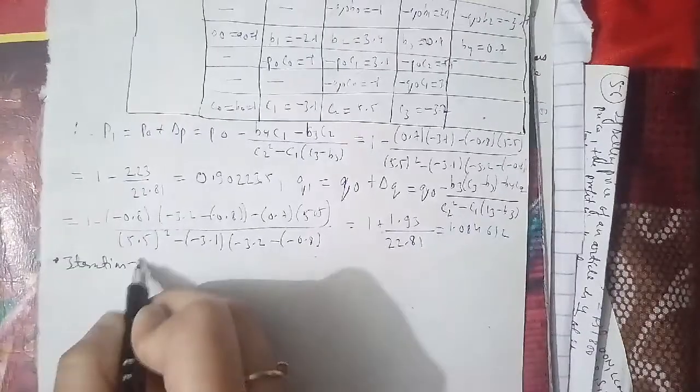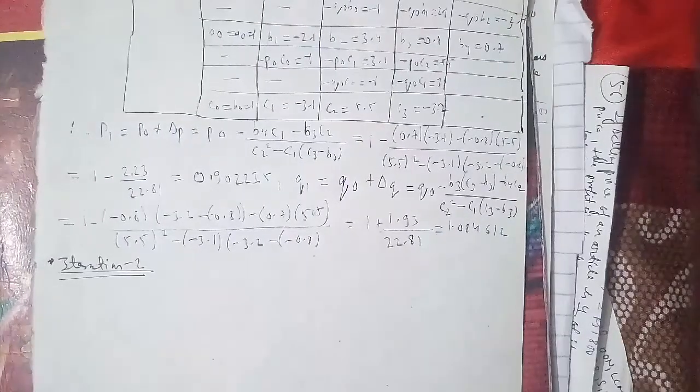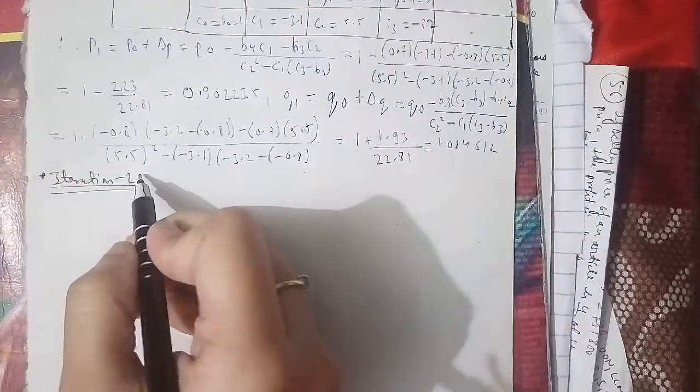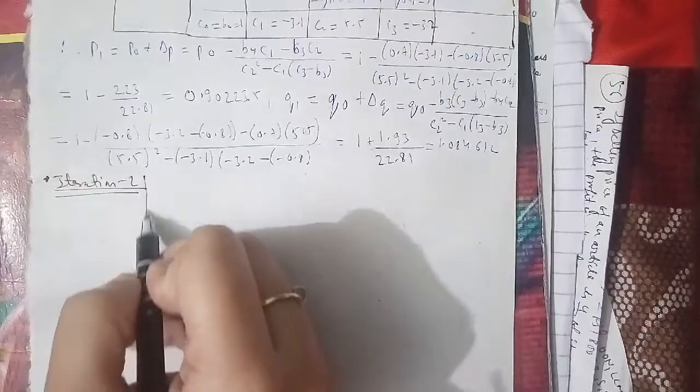This is minus P1 equals minus 0.902235 and minus Q1 equals minus 1.084612.